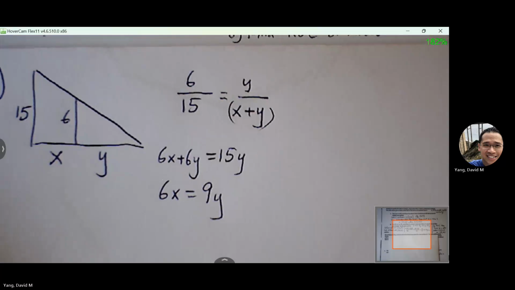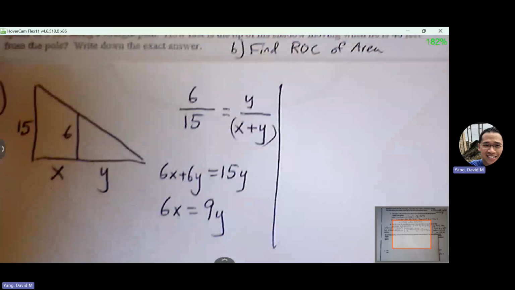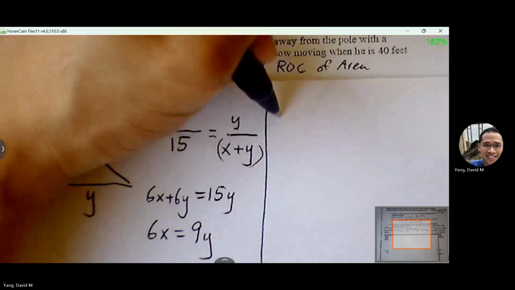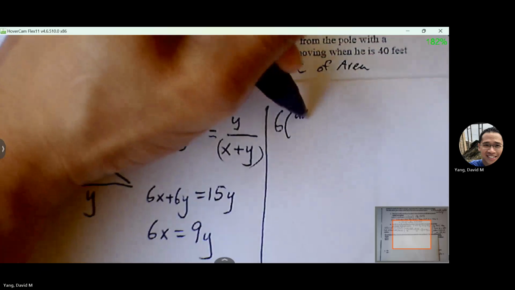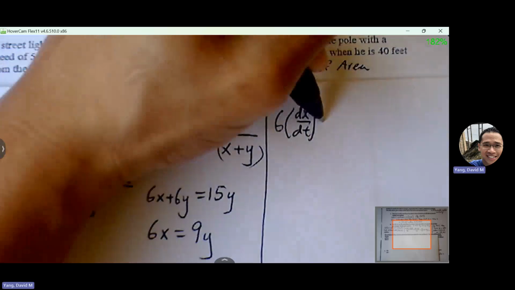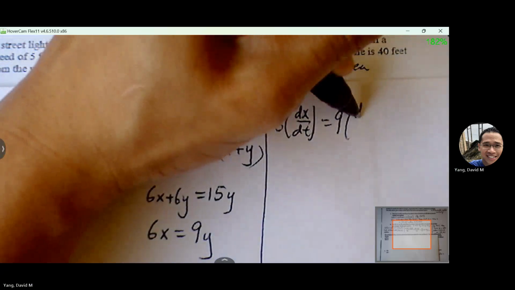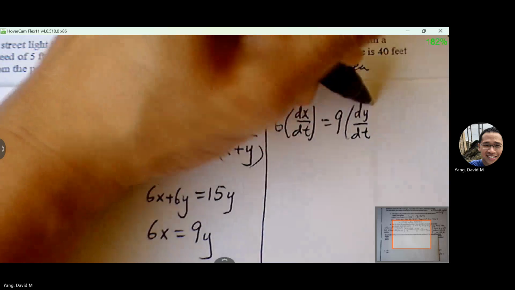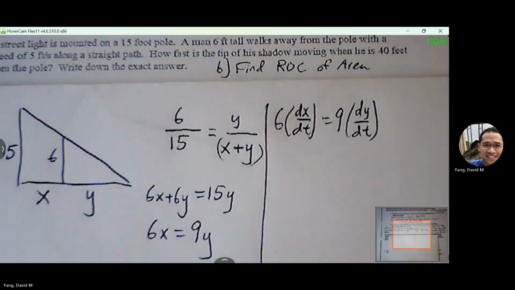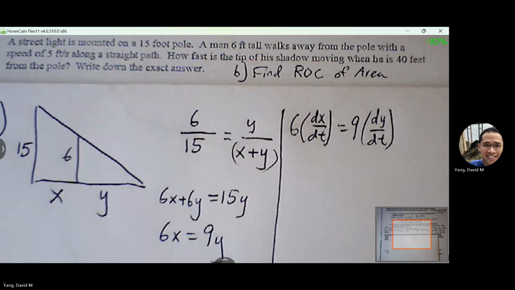Find the derivative. Every variable gets impacted by time. Any questions so far?